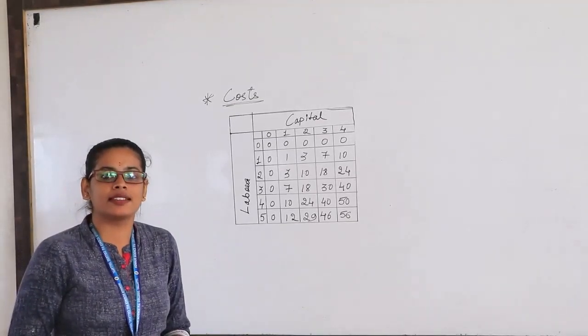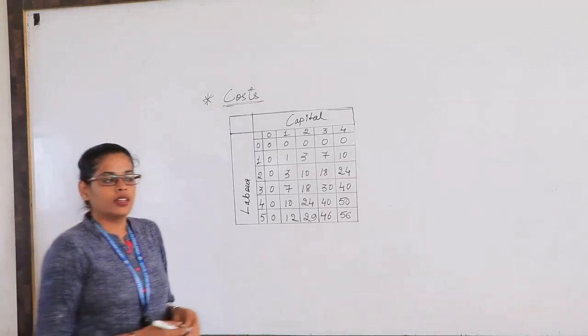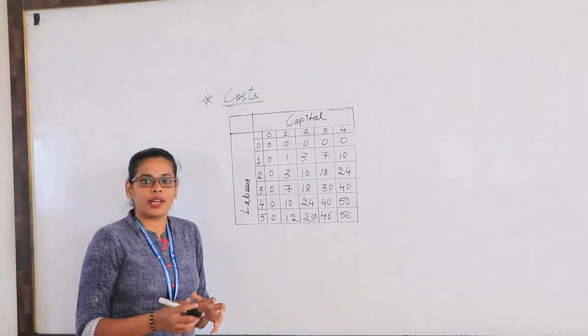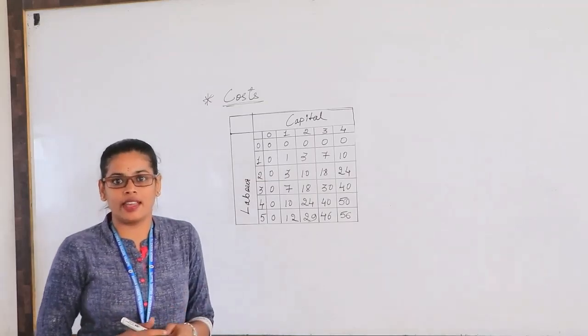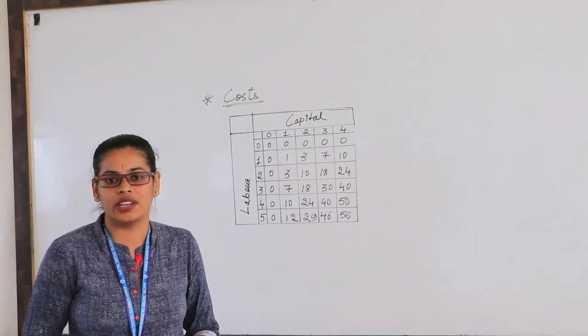Today we will be discussing the next topic, which is cost. In this chapter, it's all about cost and how the firm or the producer is going to incur the cost.